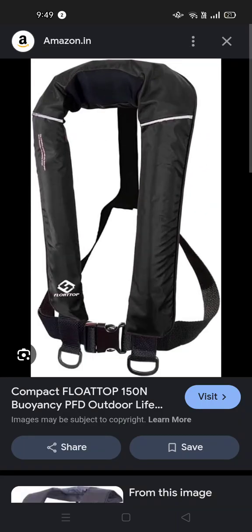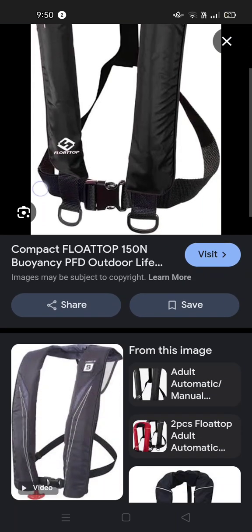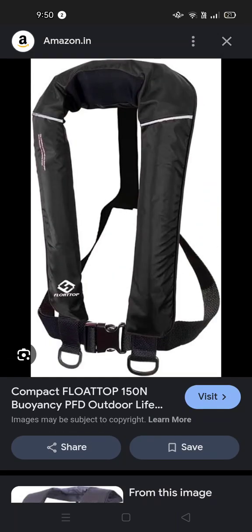It should have 2 compartments, and apart from that, it should be manually operated single-handedly. By one hand you should be able to operate it. Apart from that, on immersion in water, if you didn't get the time to operate it and you fall in water, it should automatically inflate with the pressure. So this is the requirement.